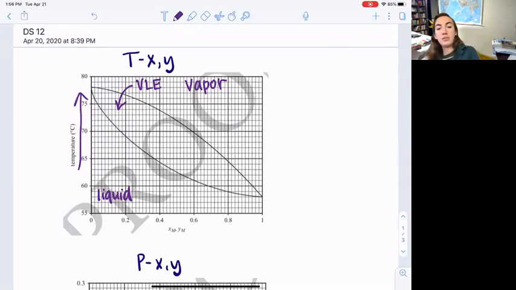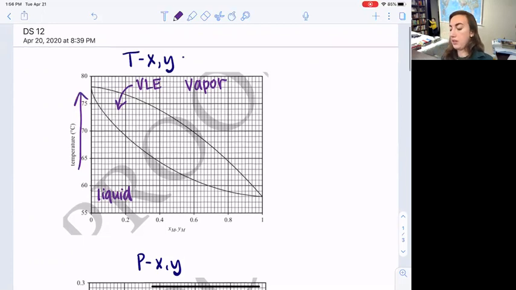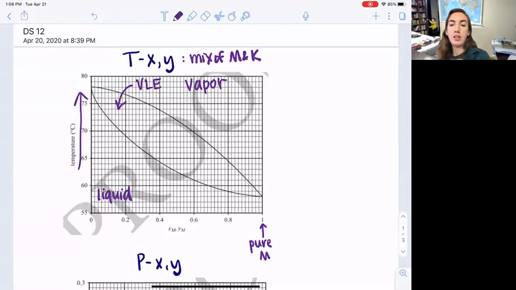Okay, so how do you read these? The first thing to think about is these mole fractions on the x-axis. So we have a mixture of M and K. So I'm just going to write that here. When xm or ym, the mole fraction of M in our system, is 1, this means we have pure M. And for pure M, there's no vapor-liquid equilibrium region.